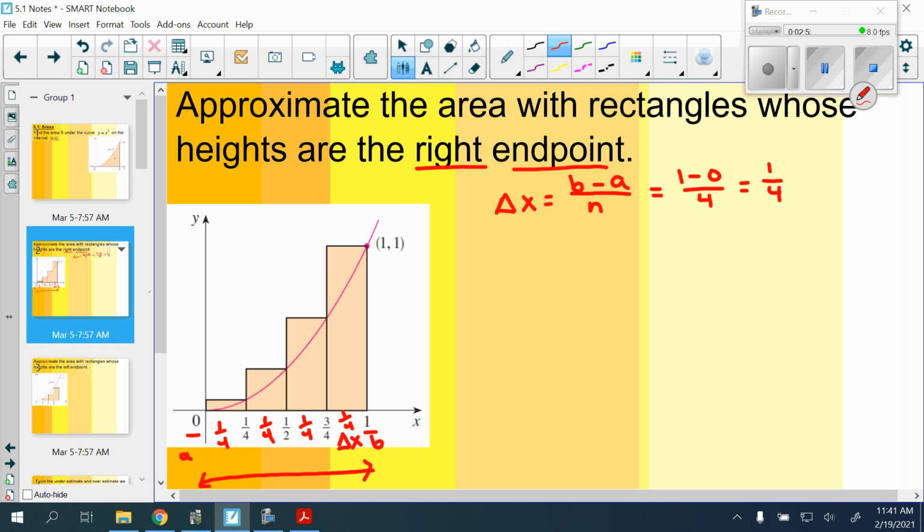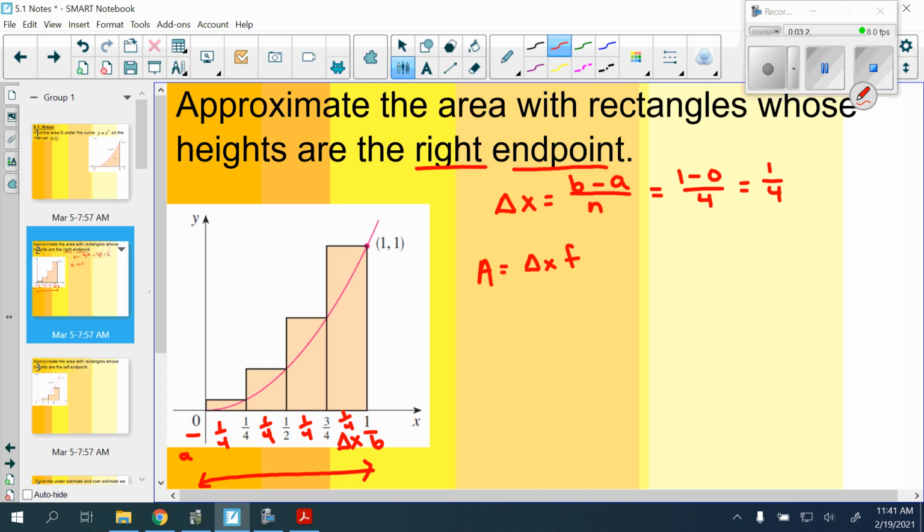Okay, so if we're going to find the total area now, the area of all these, then it's going to be our width, which is 1/4, or here I'll come up with a general equation here. It's going to be our change in x times the height of the first rectangle, which would be our function value at that first rectangle.